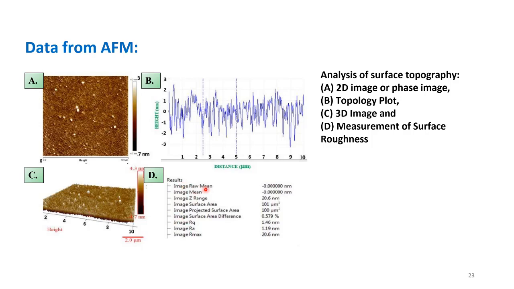And then we also get information about the surface roughness. From the results we can get this kind of table, and we know how much is the area which we have scanned, and the Rmax value and RQ value. So these are the information which we can get from the AFM.